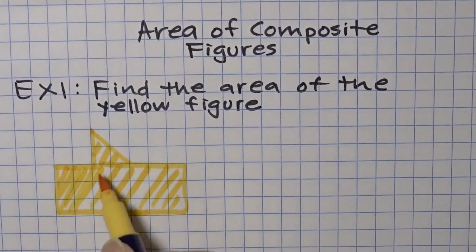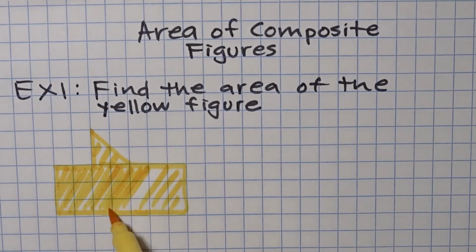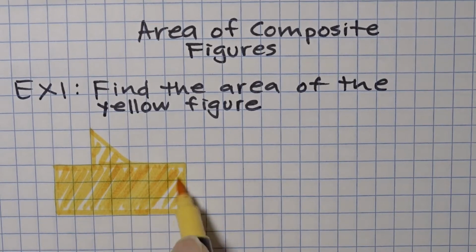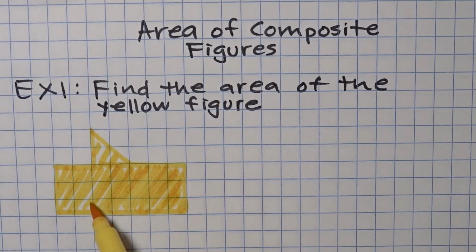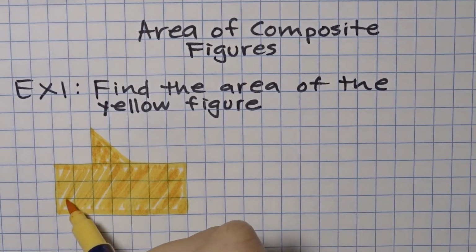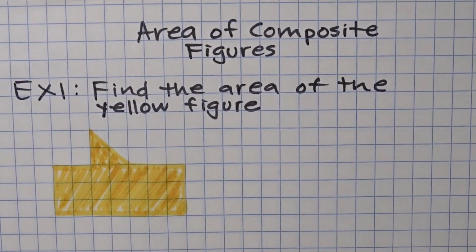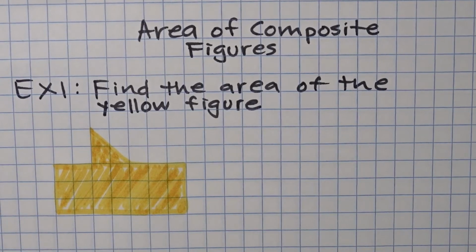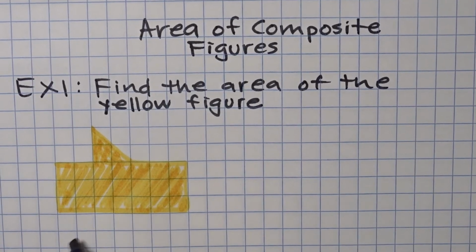Now, because I'm doing this on graph paper, each block I'm going to call a unit, and I'm just going to say units squared. No inches, no centimeters, no feet, okay? So I'm going to start counting up how many units squared this area is.